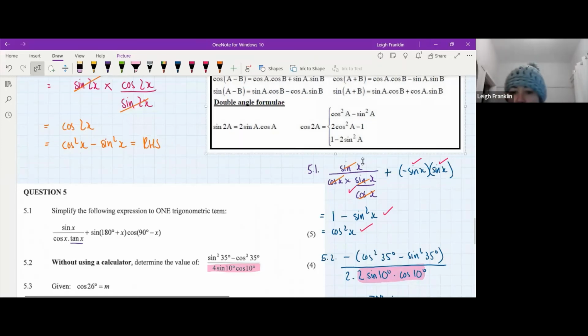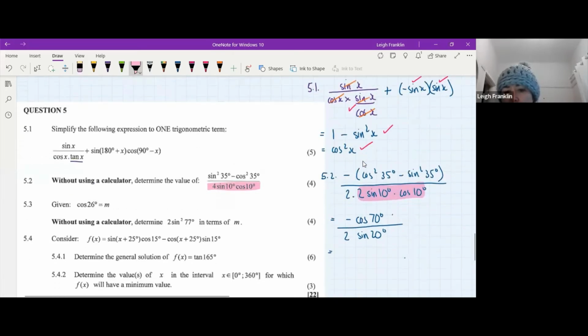I have written what I had, this cos squared 35 minus sine squared 35. That's this over here. In my next line, I did that: cos 2a. So 2 times 35 is where the 70 came from. All good, Kayla?